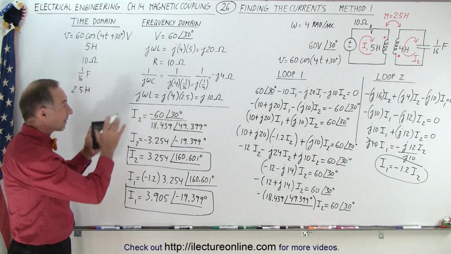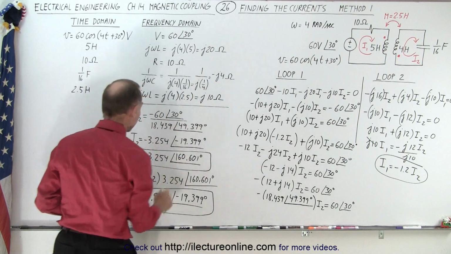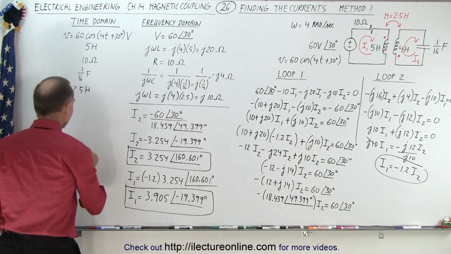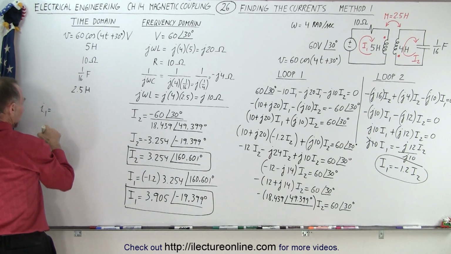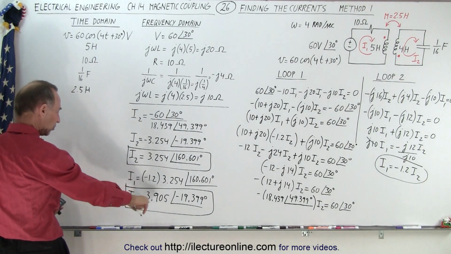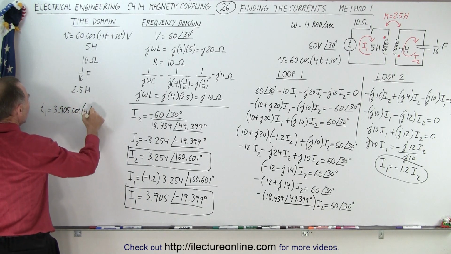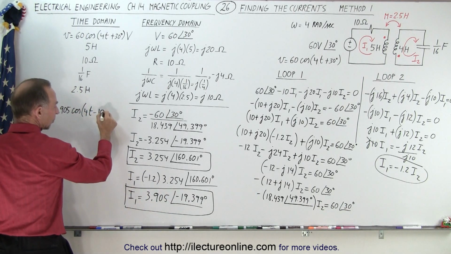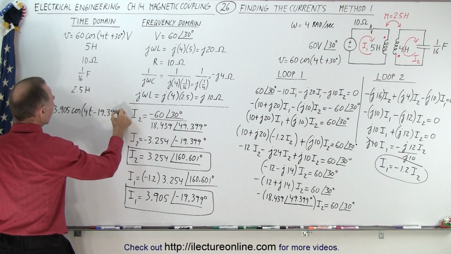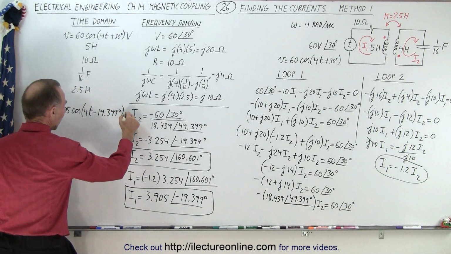So that is, of course, in the time domain. Now if we want the current in the time domain, realizing what omega is, and we have the phase angles, I can now say that I1 is equal to the maximum, which is 3.905, times the cosine of 4t, and then the phase angle is minus 19.399 degrees, in amps.